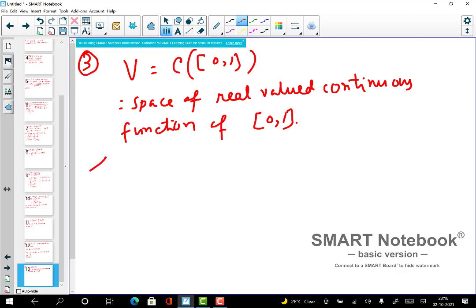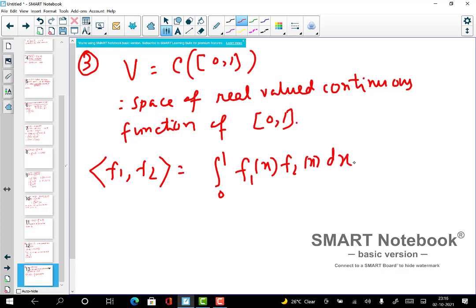You choose two functions f1 and f2, and define it by the integral from 0 to 1 of f1(x) f2(x) dx. I choose real values, so I don't have to put the conjugate, otherwise I would have to put it.